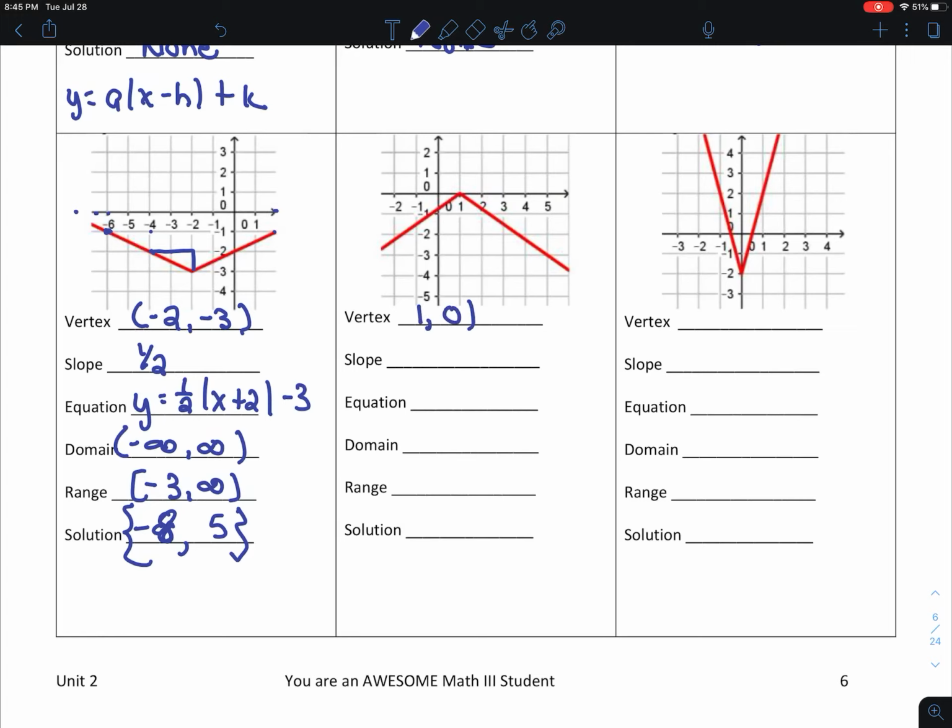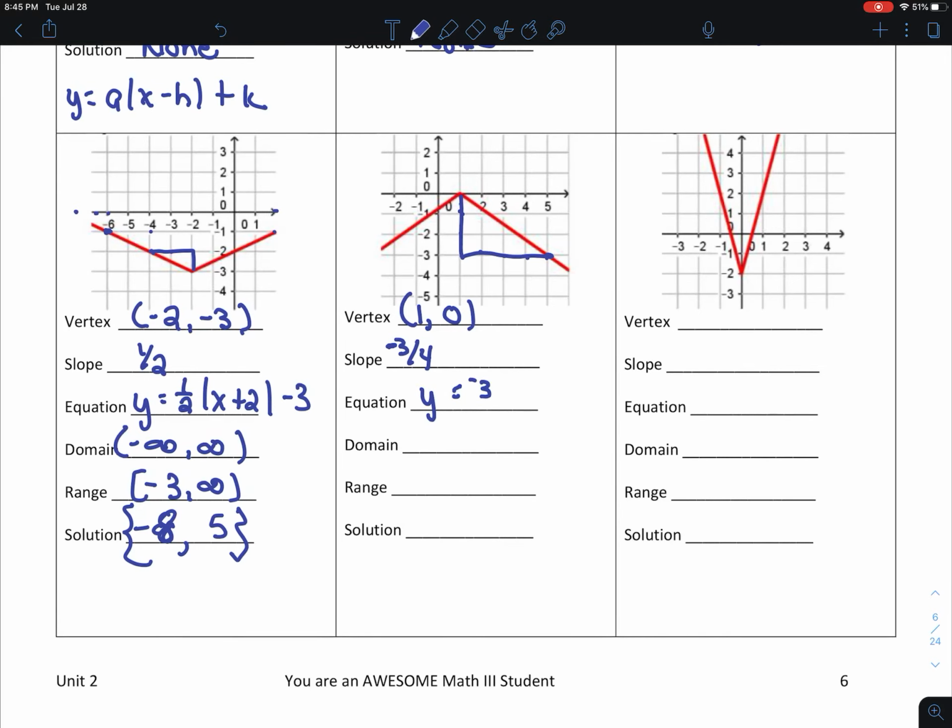All right, so my vertex here is 1, 0. My slope, 1, 2, 3, 1, 2, 3, 4. My slope is 3 over 4.